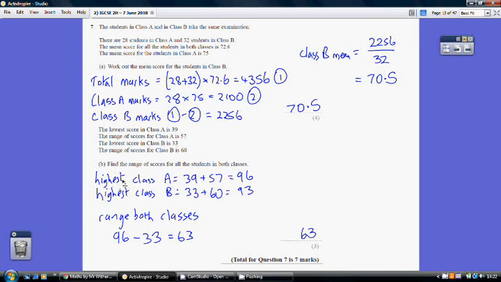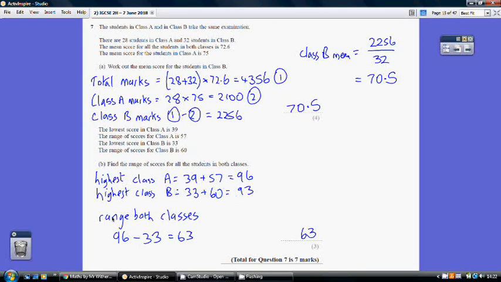Now for Part B, let's start off by working out the highest mark in Class A. We're told that the lowest score is 39, and the range is 57. Remember the range is the highest take away the lowest. So our highest mark for Class A must be 39 add 57, which is 96. Similarly for Class B, their highest mark has got to be 33 add 60, which is 93.